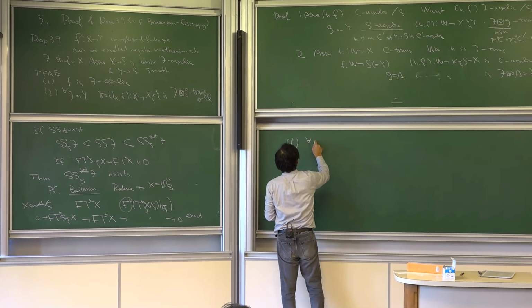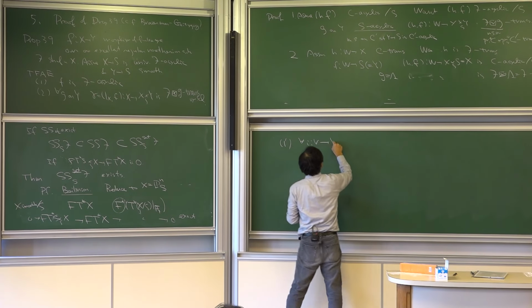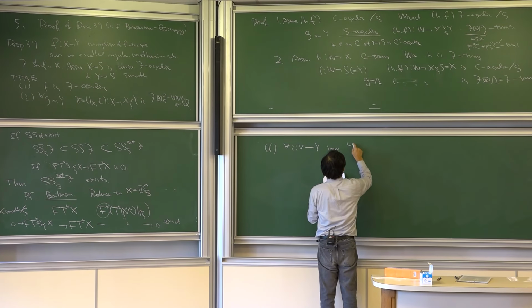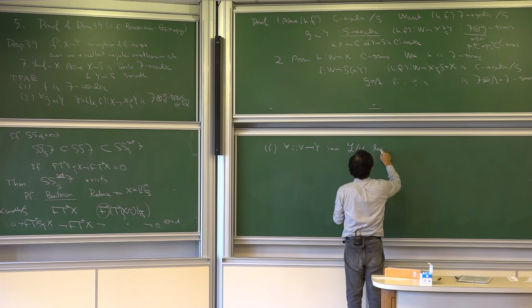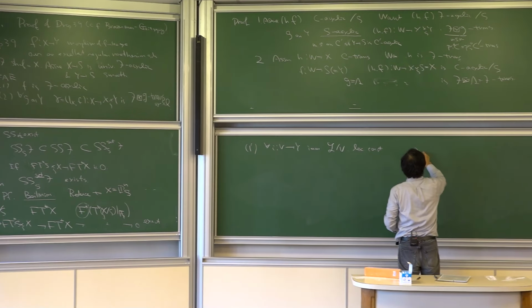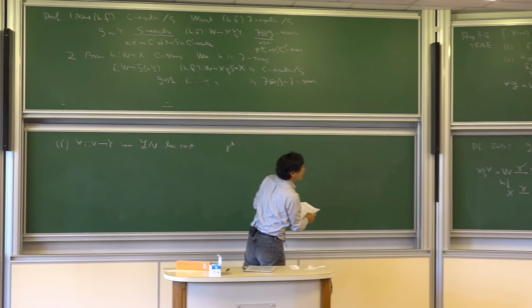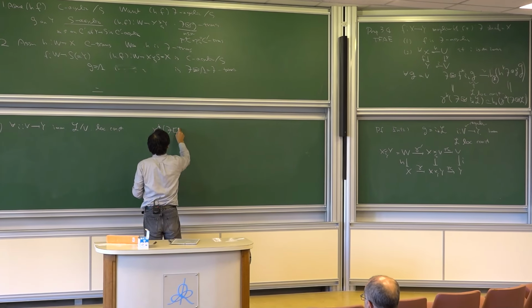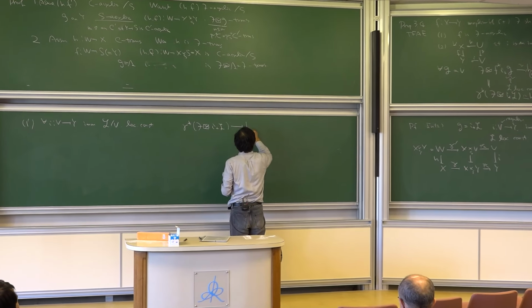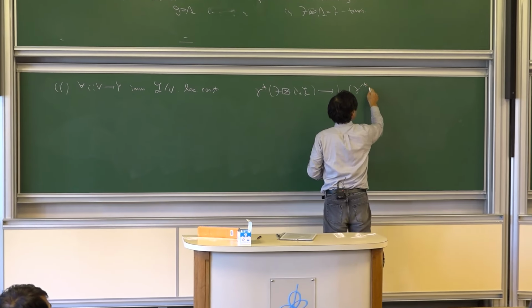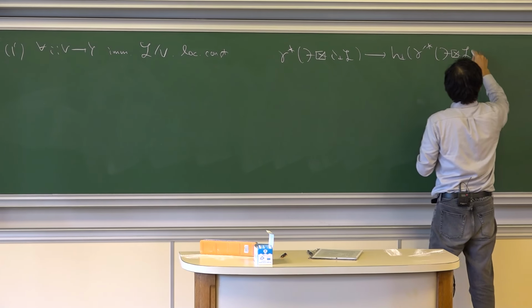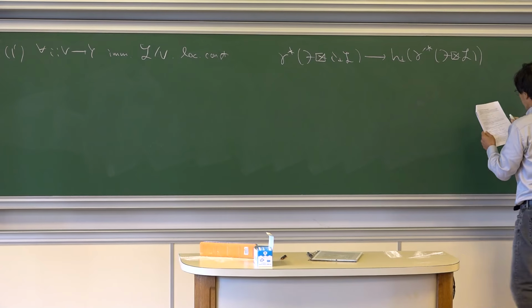For every immersion and L on V locally constant, the morphism gamma star to h star gamma prime star is an isomorphism.